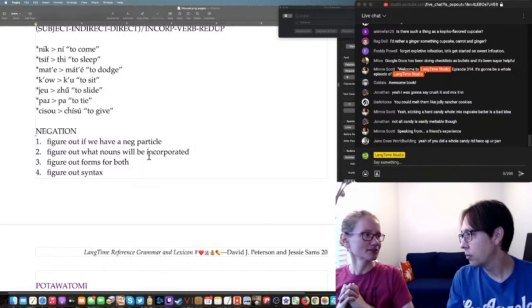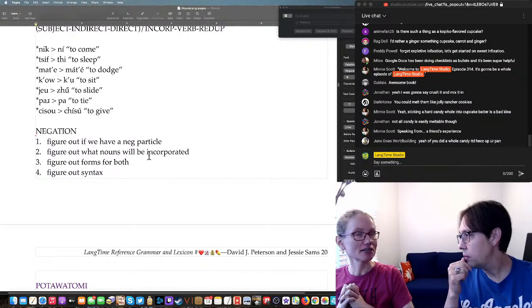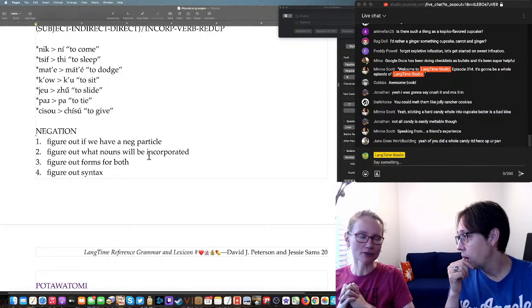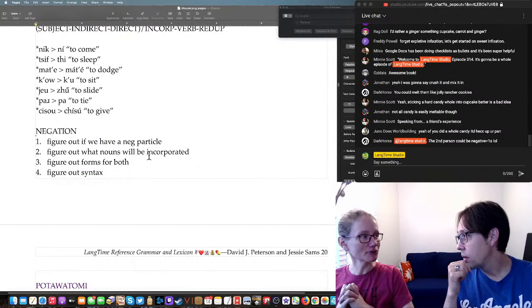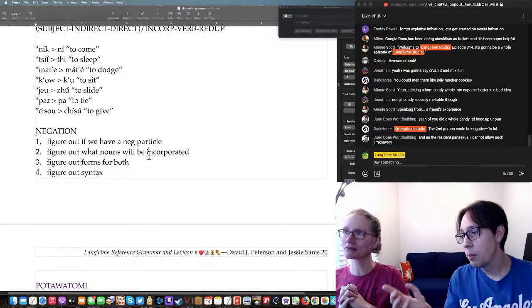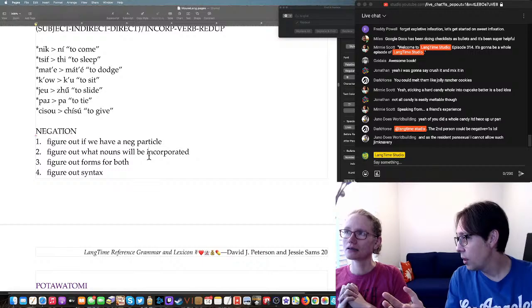If I were a learner, rather than a native speaker, I would have been just fine if I were a native speaker. But if I were to join the mice community and that were the difference, oh my word, I'd be saying all the wrong things. But see, that could be part of the motivation for having these incorporated nouns.